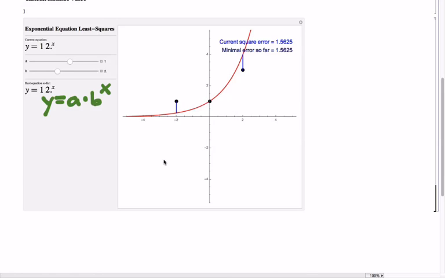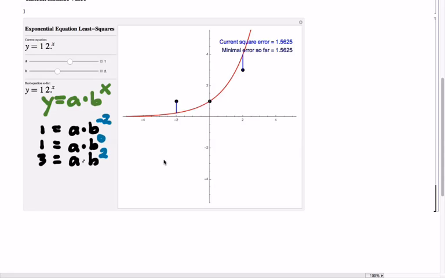Plugging in our three data points, my y values were 1, 1, and 3. A times b to the x, a times b to the x, a times b to the x. And the x values were -2, 0, and 2.